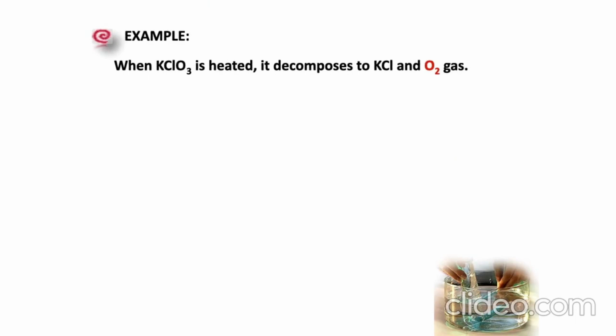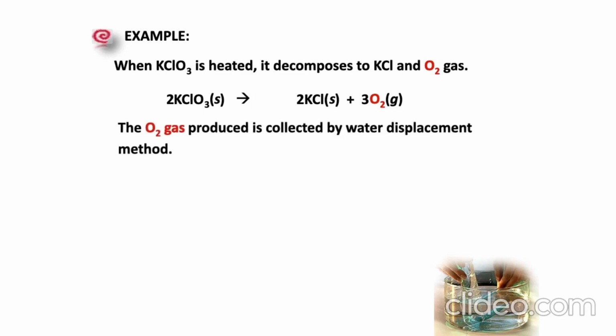Example: when potassium chlorate is heated, it decomposes to potassium chloride and oxygen gas. By equation, 2 moles of potassium chlorate in solid state decompose into 2 moles of potassium chloride in solid state and 3 moles of oxygen gas. The oxygen gas produced is collected by the water displacement method.